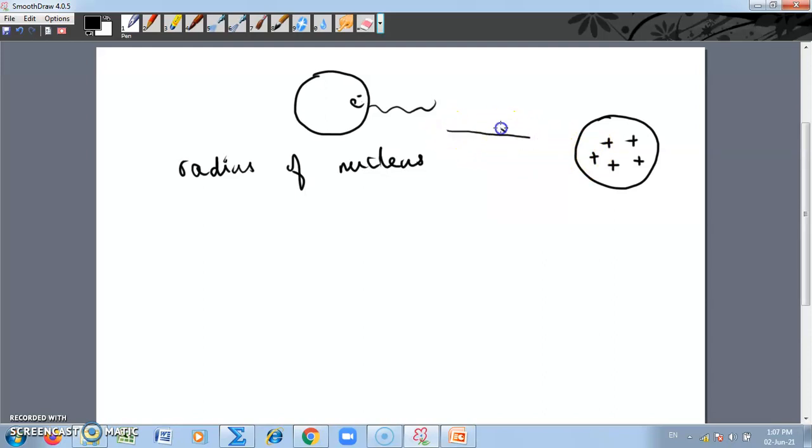If I send a negative particle, it will be attracted towards it, but the best is to send a positively charged particle. As it reaches nearer and nearer, it will be repelled and then it will go away like this.